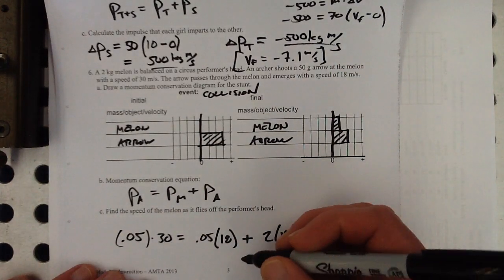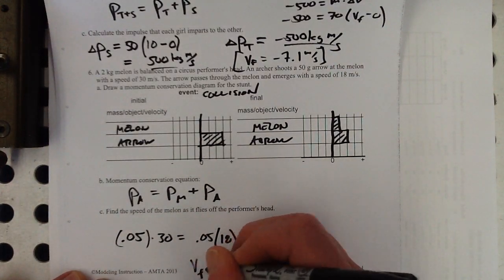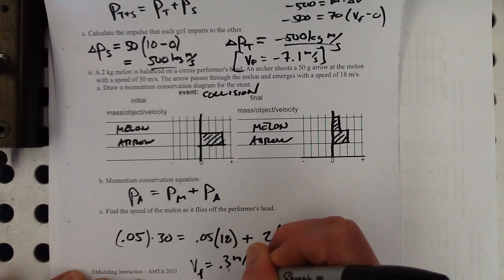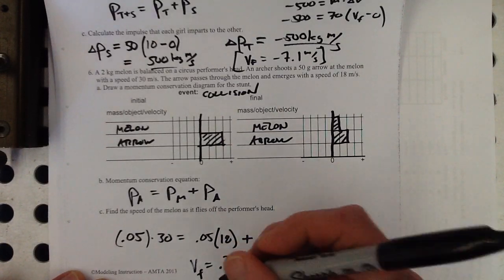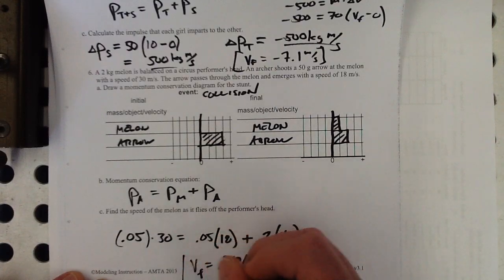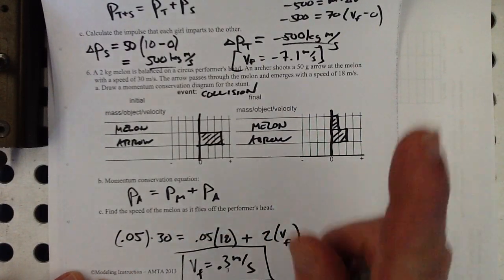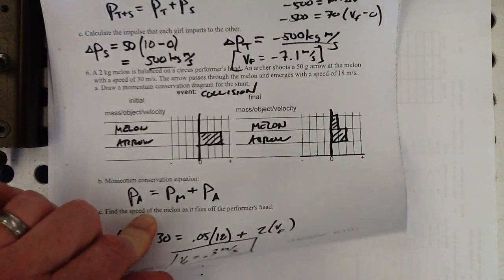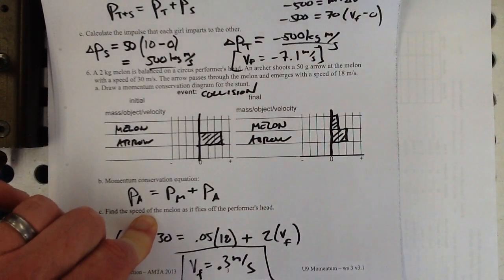So the final velocity of our melon here is a pretty sluggish 0.3 meters per second. So I imagine it's like rolling off their head, right? The arrow ripped through it, and it kind of topples off the person's head. And that's it for this assignment.